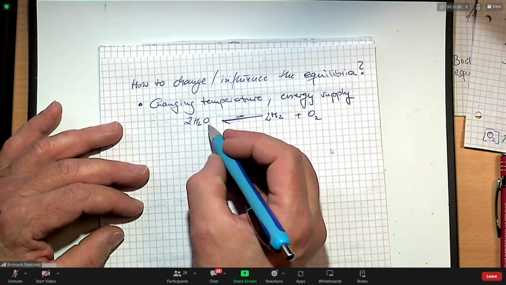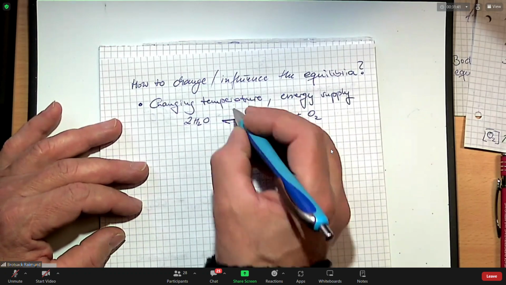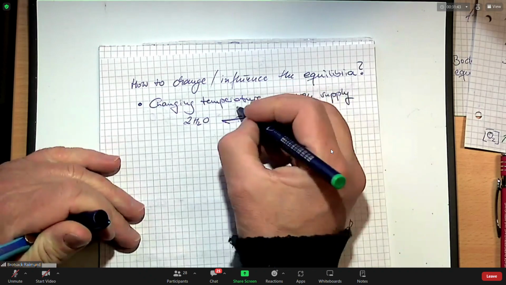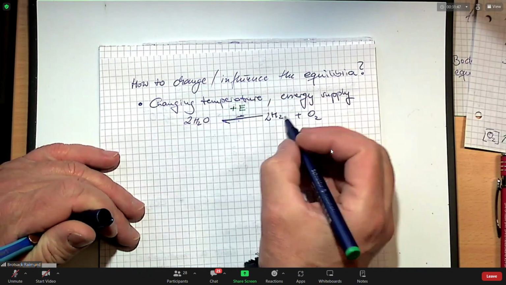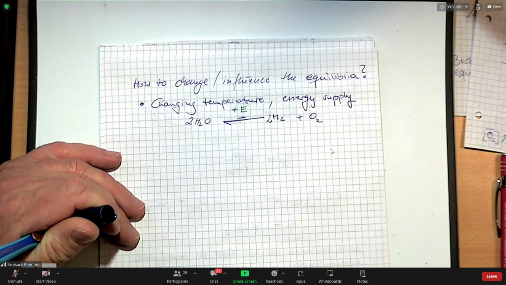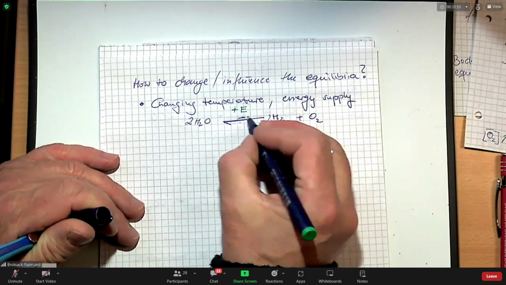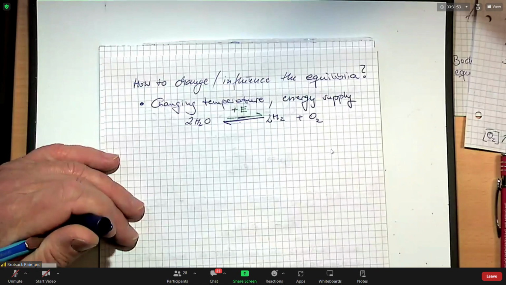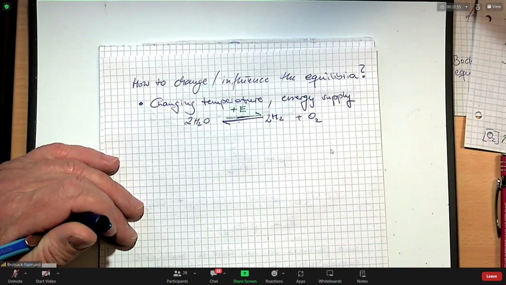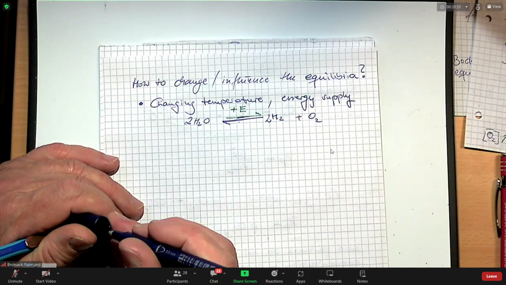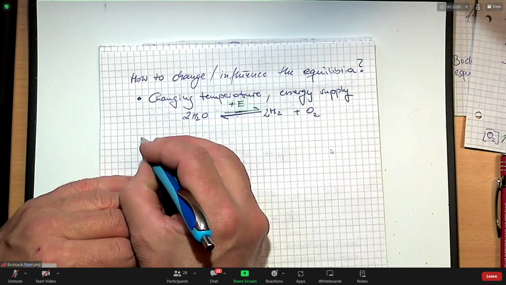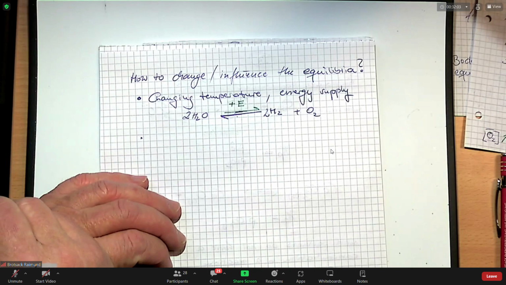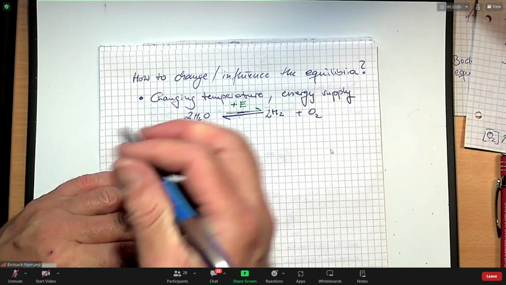Now here, when we add energy, plus energy, that helps to push it to the right side. Then we can draw a bigger arrow to the right side when we add energy. Another one is changing the partial pressure of one of the partners.